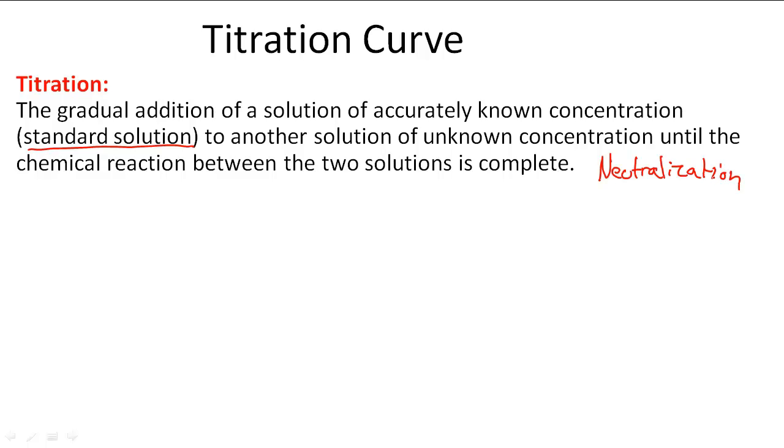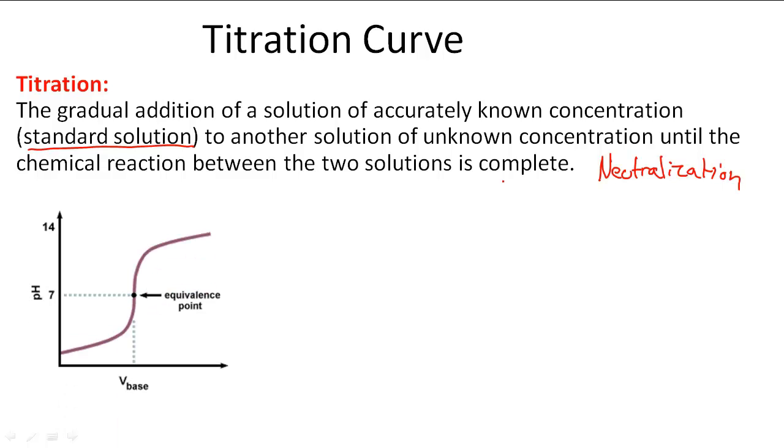The titration curve, let's take a look at one, tells us a lot about what's going on. We can add a volume of a base to an acid which starts at a certain pH. As we add base, the pH starts to change, and we can measure that. And at this point, what we call the equivalence point, there's enough titrant, in moles, that has been added.